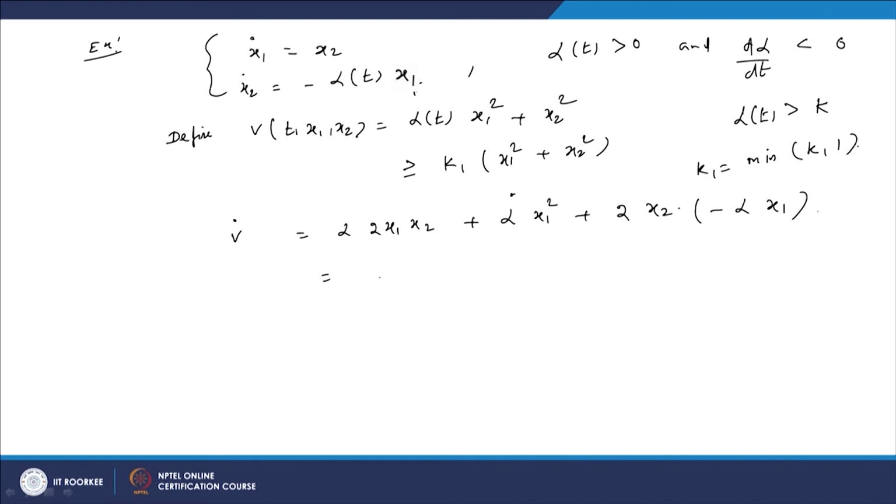So, we get here alpha dot into x1 square. This is less than or equal to 0, because the x2 term is missing here, alpha dot is negative and x1 square is positive. So, it is less than or equal to 0, because x2 is not present here. So, this implies the system is stable, according to the result which we have seen.